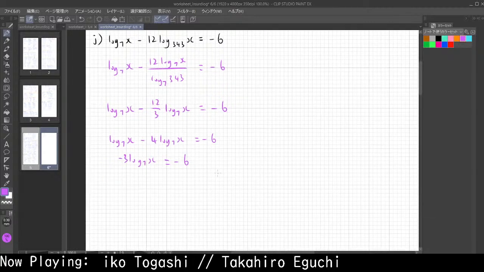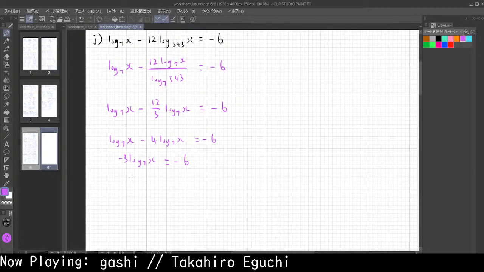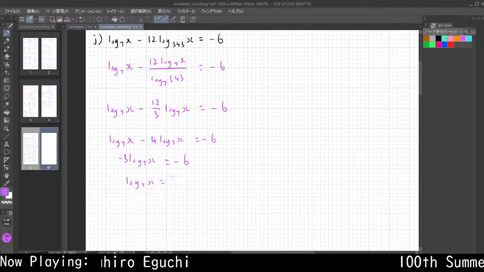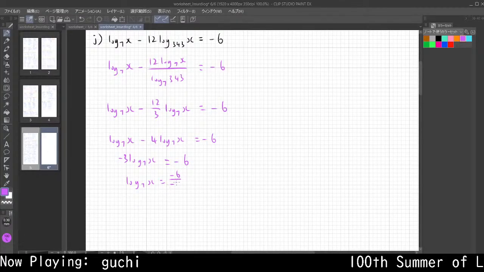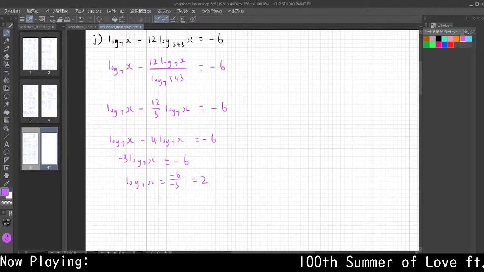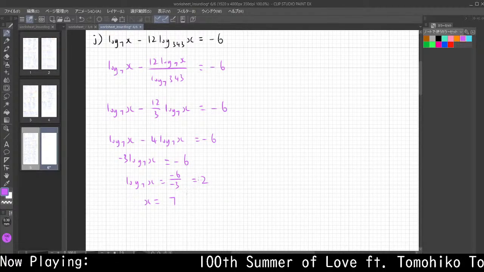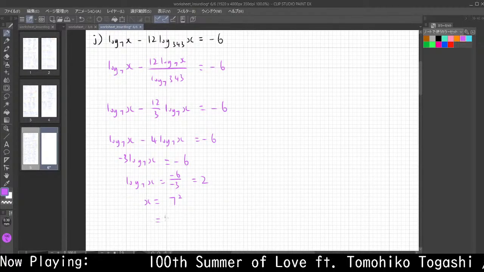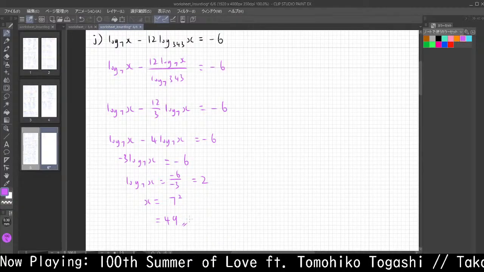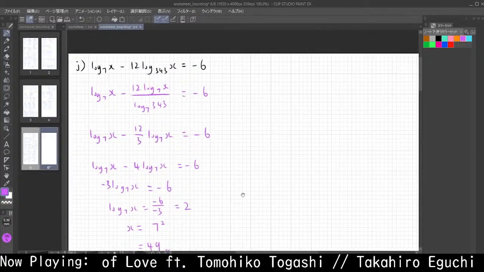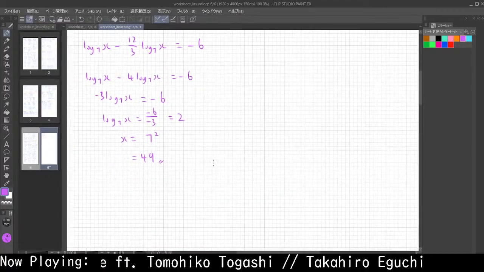Minus 3 you can bring over to divide, by the way. So my log base 7 of x equals minus 6 over minus 3, which is equal to 2. Therefore, my x is equal to 7 squared, which is 49. There, I get the answer. Done. You can verify yourself that this is the case.